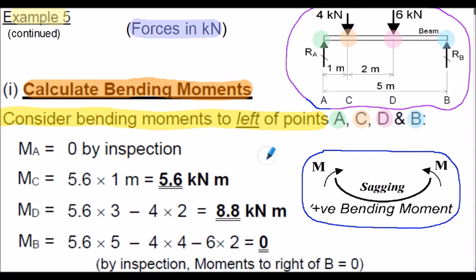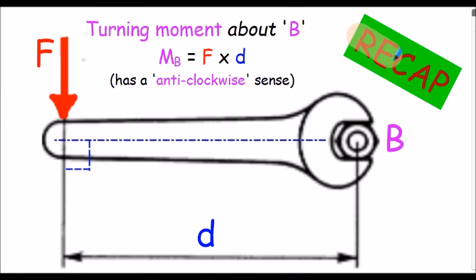Remember from our previous work, a moment is defined as the force multiplied by its perpendicular distance from the point we're considering. And for a recap from our previous presentation, when we were considering moments, we used the analogy of a spanner. For the diagram shown here, we're calculating the turning moment about point B, which is where the nut is located.